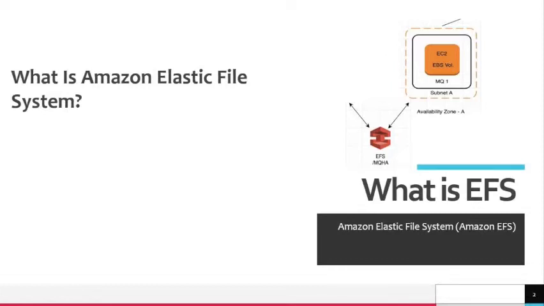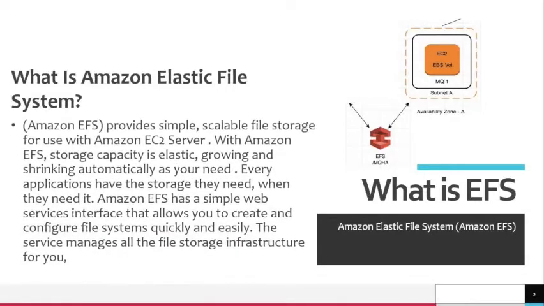Amazon's Elastic File System provides scalable file storage for use with EC2 servers. With Amazon's EFS, storage capacity is elastic, meaning it automatically increases its storage capacity when the user needs it. Every application that needs more storage gets it.